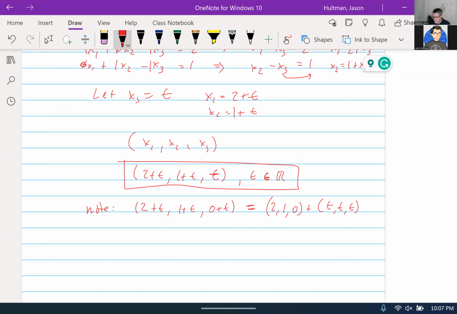If you were to write these as vectors, as vector addition, we get 2, 1, 0 plus t, t, t. We could factor out that t, and we get 2, 1, 0 plus t times 1, 1, 1, where once again, t is an element of our real numbers. And so we could write it like that as well.